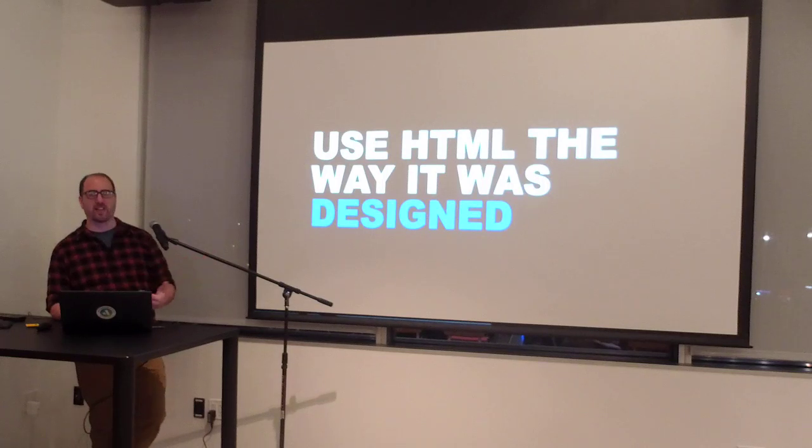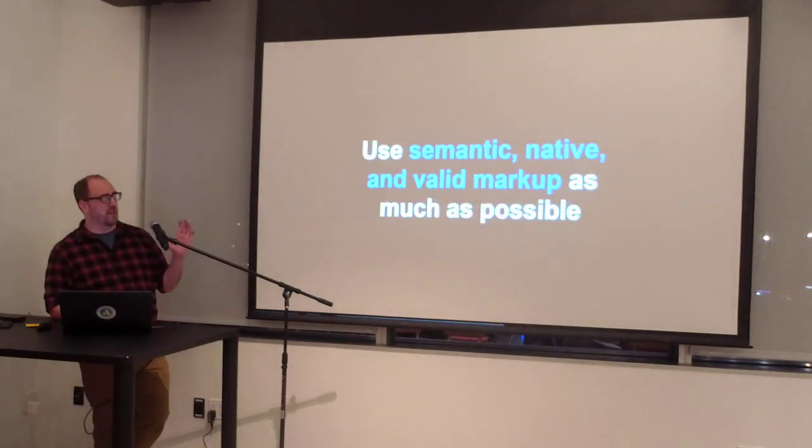HTML is designed to be accessible if we use it the way the specification describes. And that's really something we should be striving towards, using semantic, native, and valid markup.